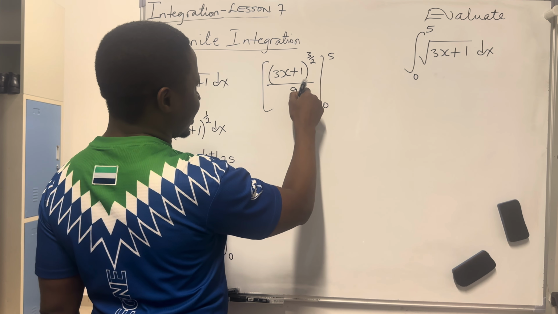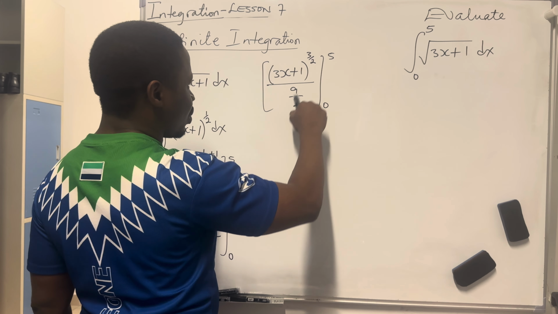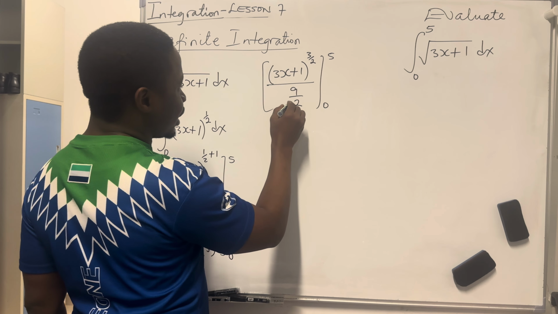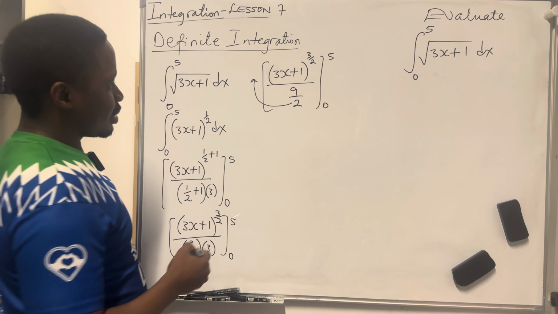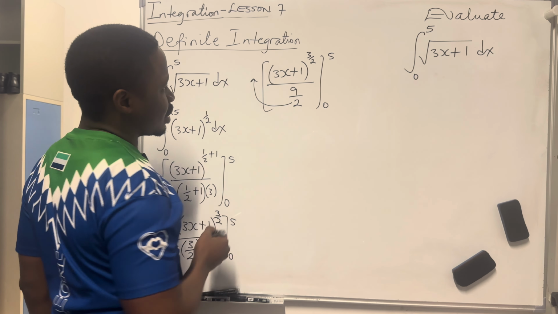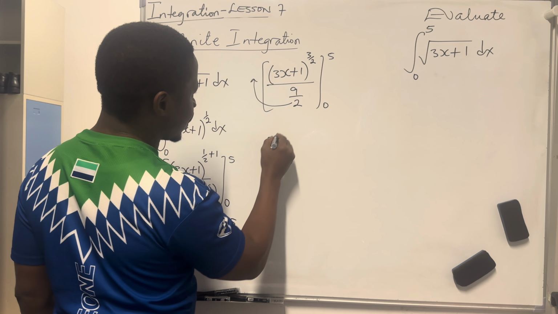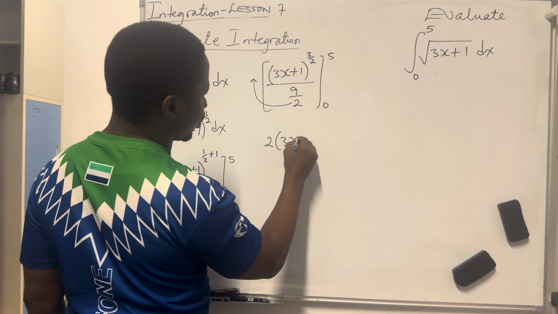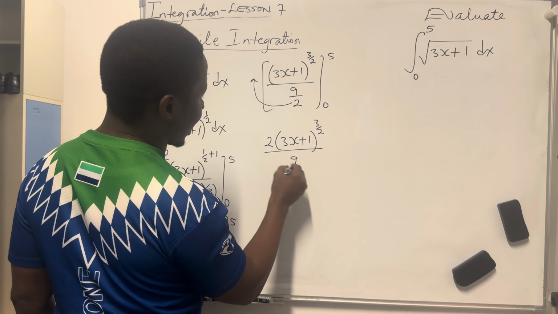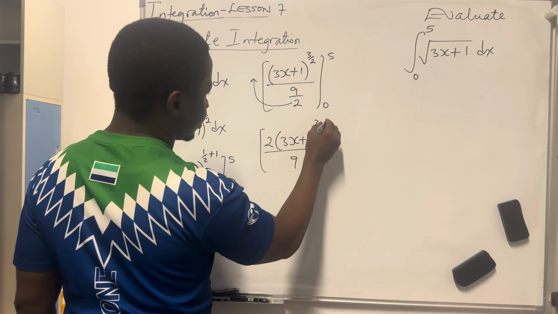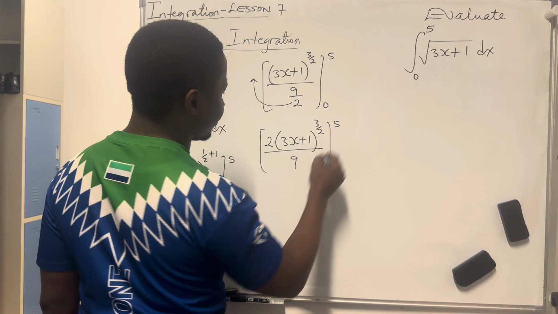Below the main division line, there is a fraction. The denominator of that fraction moves to the top. So we have 2 multiplied by 3x plus 1 to the power 3 upon 2, over 9, from 0 to 5.